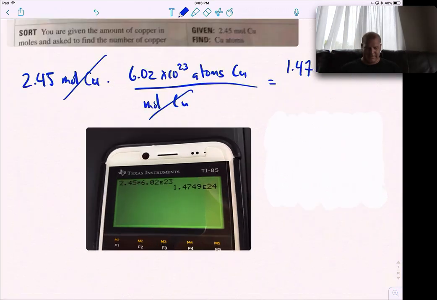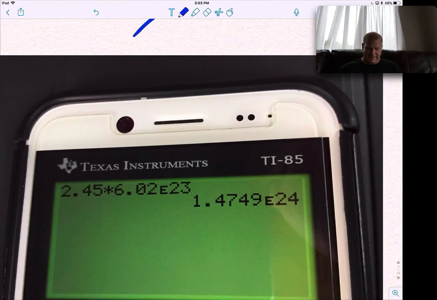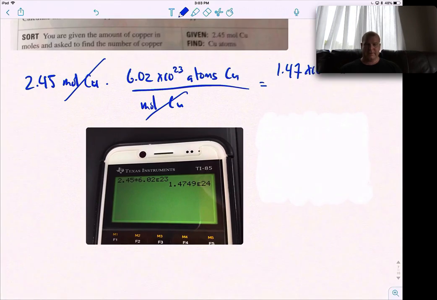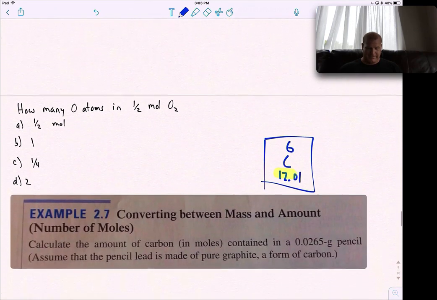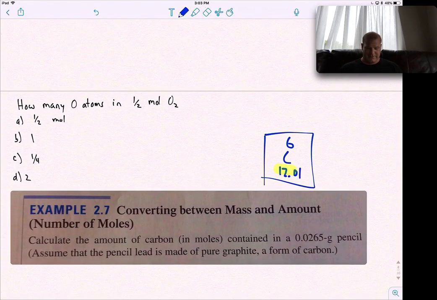Something to note: in my calculator, I used this E button. Using that E button in your calculator makes it much easier, if you have a graphing calculator or just a scientific calculator. Okay, question here: how many oxygen atoms are in a half mole of oxygen?